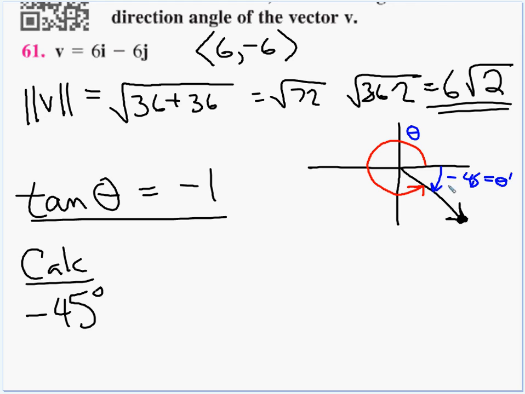So we could subtract 360 minus 45 and get that this angle here is 315 degrees. Or if you look on your unit circle for tan equal to -1, you will see that occurring up here in the second quadrant and also down here in the fourth quadrant. And you could just look at your angles on there and jump right to the 315 degrees.